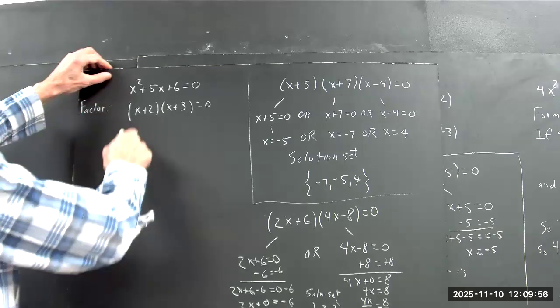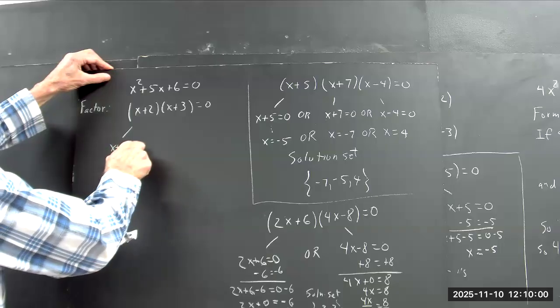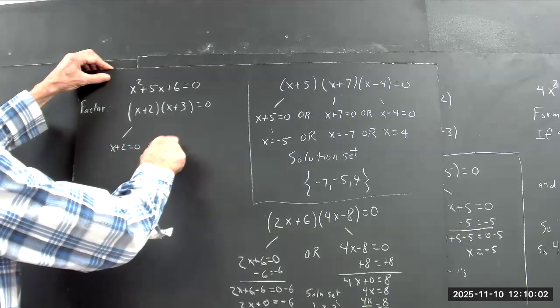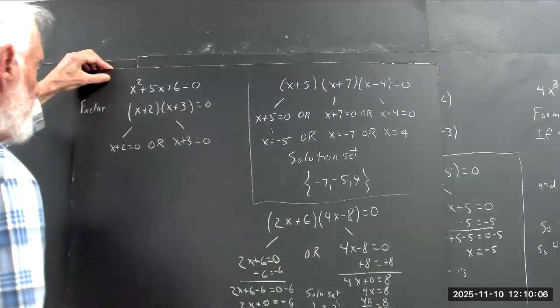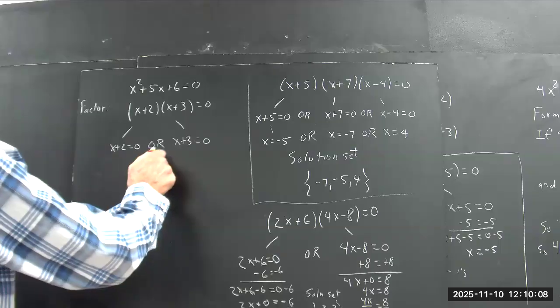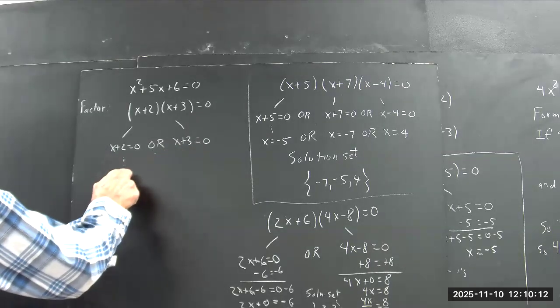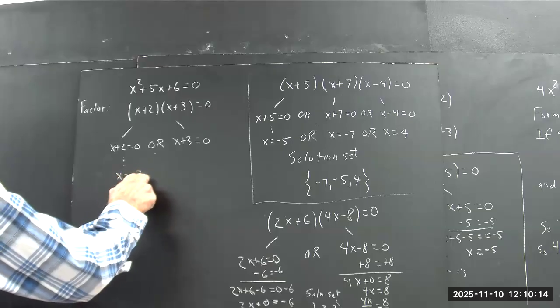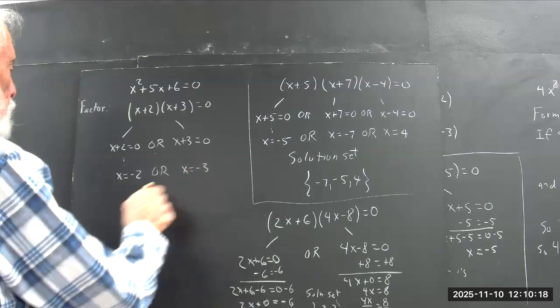Now we know that we just write down x plus 2 equals 0 or x plus 3 equals 0. We solve this and we get x equals -2 or x equals -3.